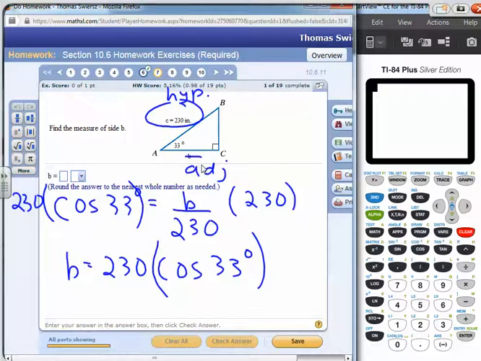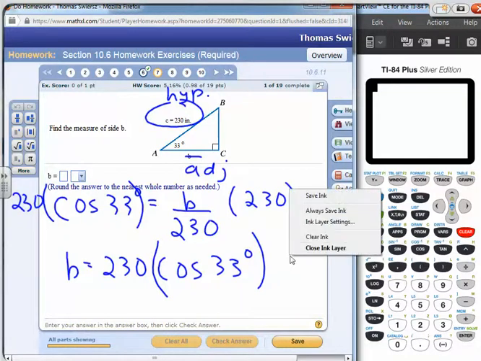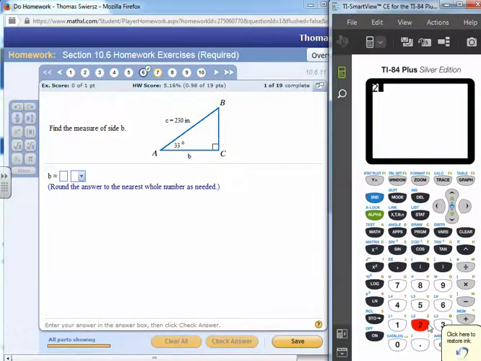Again, we've got to go to mode. Make sure you're in degrees, or on the scientific calculator, hit your degree. So anyway, we have 230 times cosine, which is above the left paren, and 33 degrees was the angle we're working with.